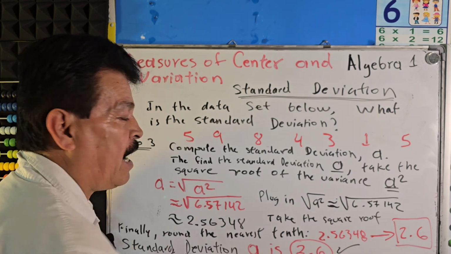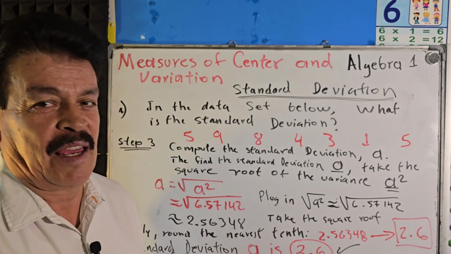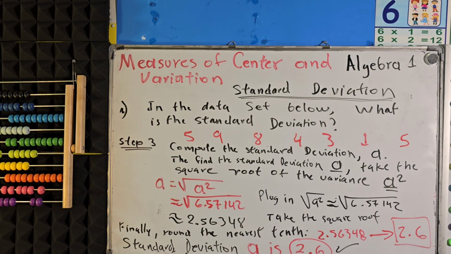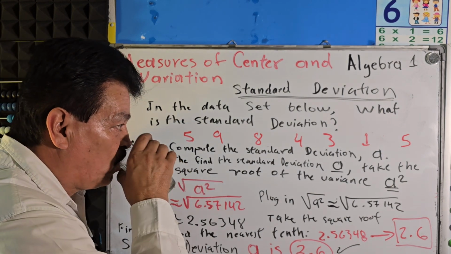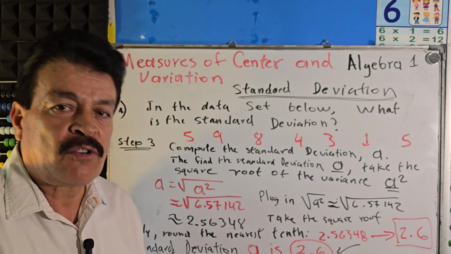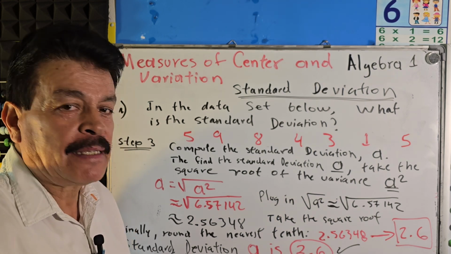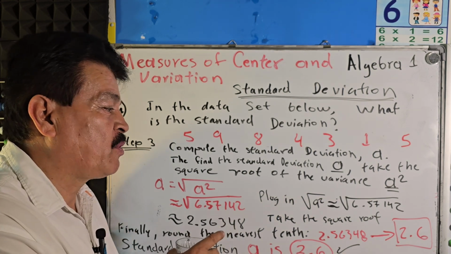It is not hard. Just follow step by step. It's a game. It's very easy. It's very, very nice. This concept is very useful sometimes when you're working in mathematics and statistics.